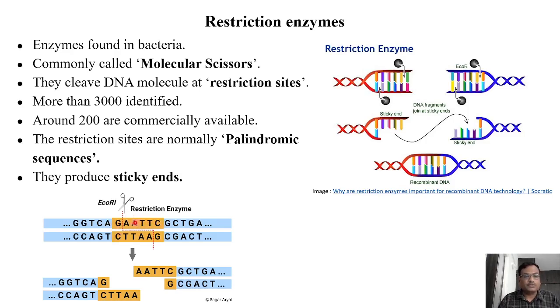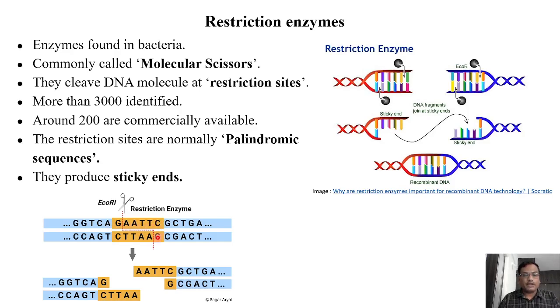Consider this. This is the restriction site of EcoR1. EcoR1 is the restriction enzyme which is extracted from Escherichia coli bacteria, and this is the first restriction enzyme that is extracted and utilized. See, read the sequence here. I'll start from here. GAATTC. So this is the sequence.